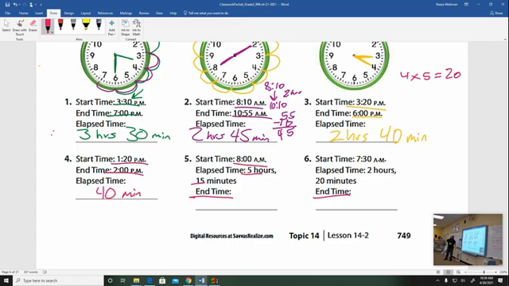We're starting at 8, 8, 9, 10, 11, 12. Which means we landed at the 1, right? We landed at the 1. Did you do the same thing she had? Right. It's going to be 1:15 p.m. Hasn't gone past noon.